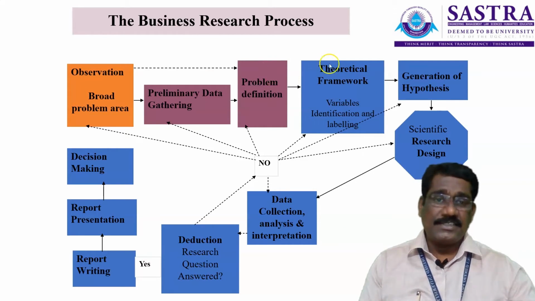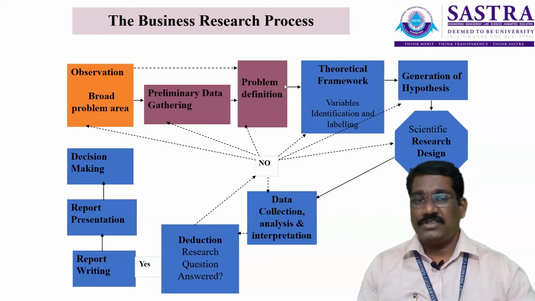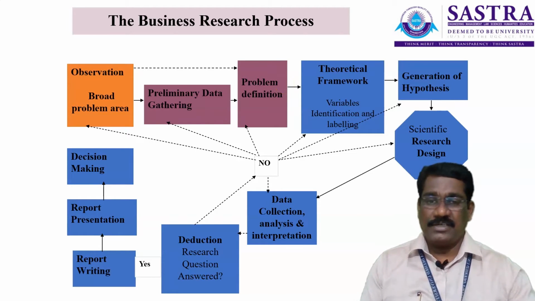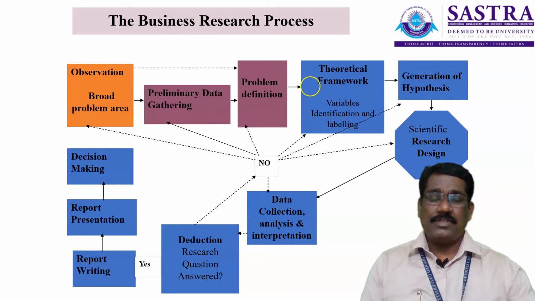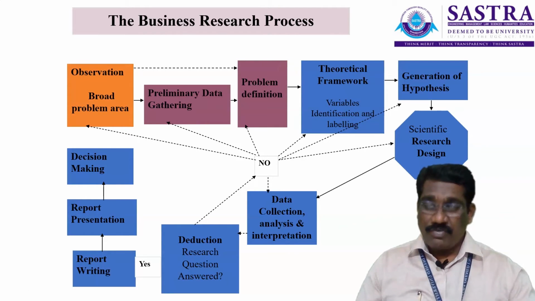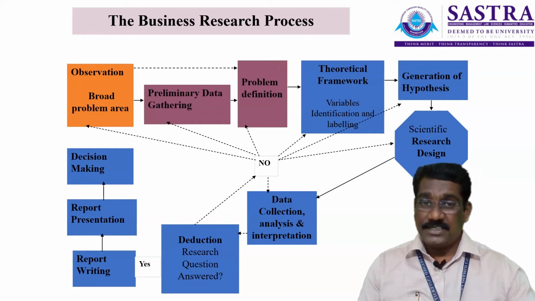And the next step, we have explored the literature review, as well as collected primary data pertaining to the problem area, and through that we also reviewed many research findings and literature, whereby we identify the variables and associated factors.